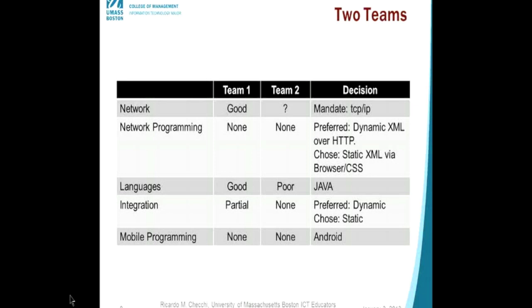One team had decent knowledge of networking, so they could understand how to build it into their programs. I'm not going to talk about that, but one of the things that we are lacking in general is that we teach networking from a systems administration perspective.